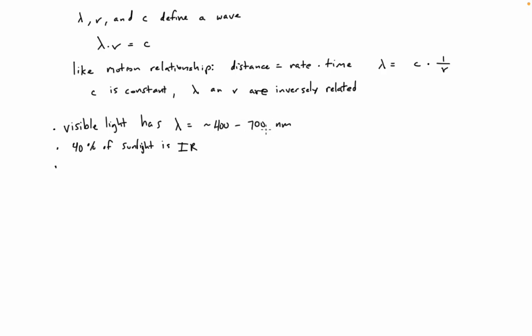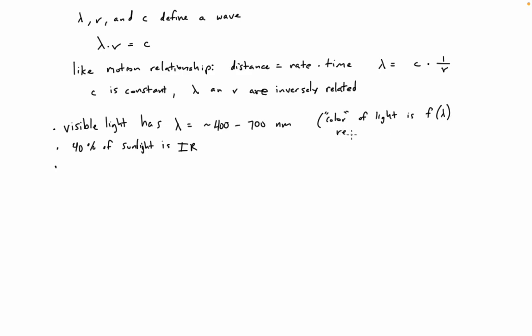When we see color, of course, it's a function of the wavelength. Our eyes have evolved to detect differences in the wavelength. Color of light is a function of the wavelength.